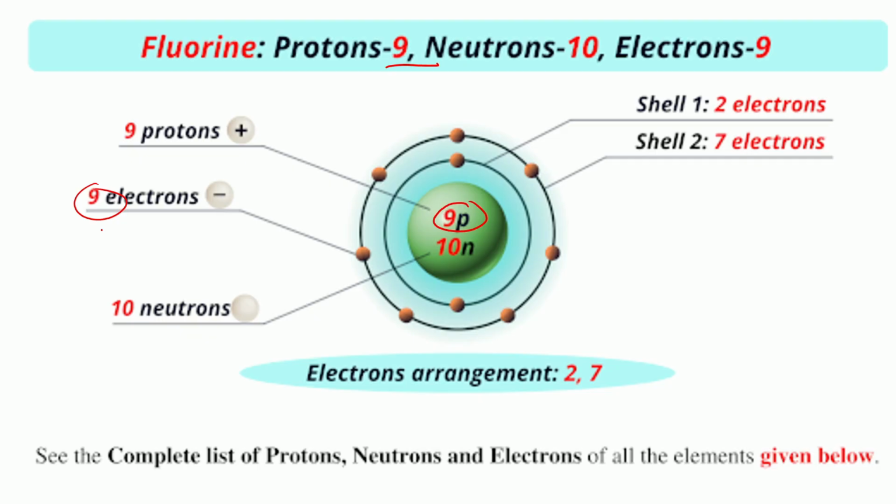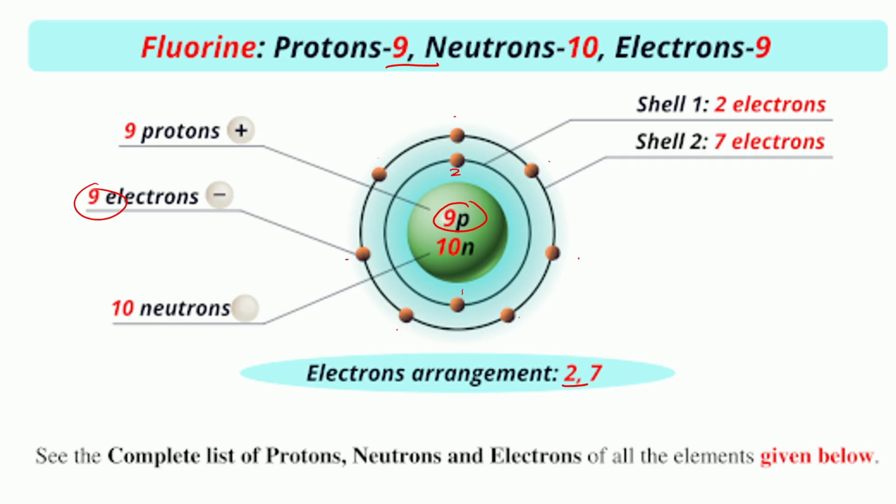Its electron arrangement has 2 electrons on the first shell, the 1s2 energy level, and 7 electrons on its second energy level, the 2s2 2p5. So how does this affect the effective nuclear charge of fluorine?